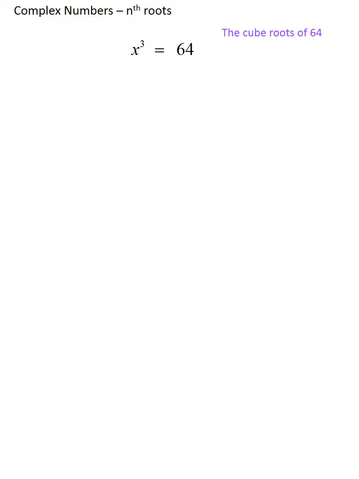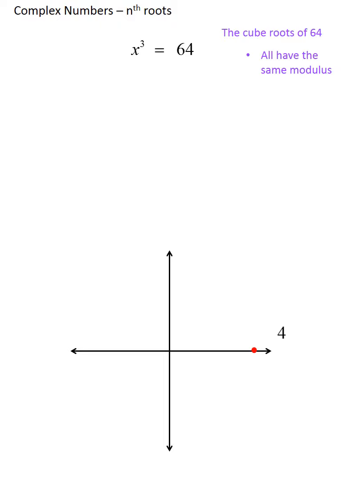If we wanted to find the cube roots of 64, the first thing we would do is notice the obvious one, which is 4. And then we could plot that in the complex plane. But then, knowing that all the solutions to this equation have to have the same modulus, we know that our other solutions are going to lie on this circle of radius 4.